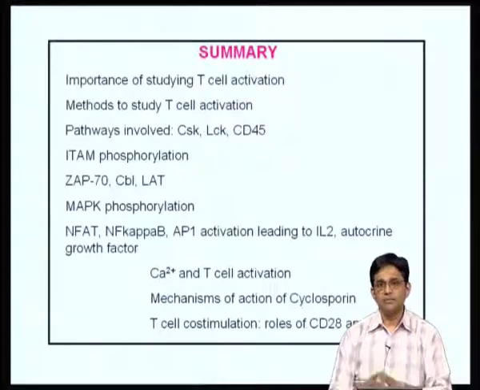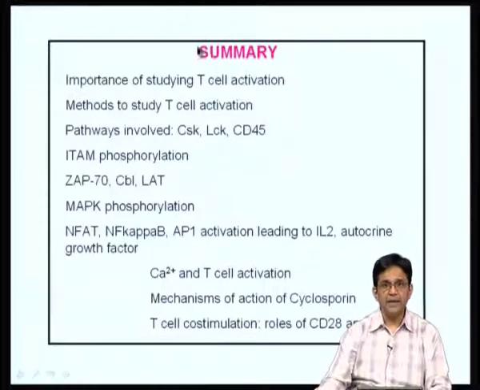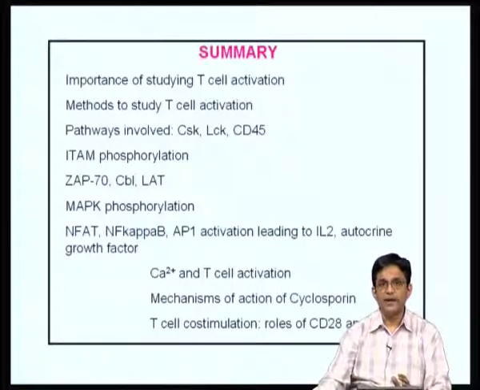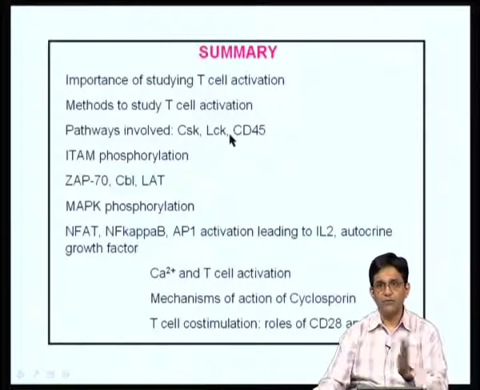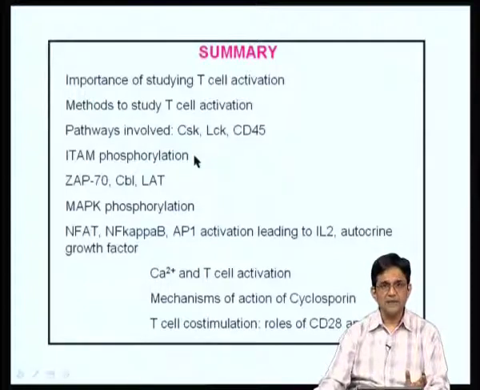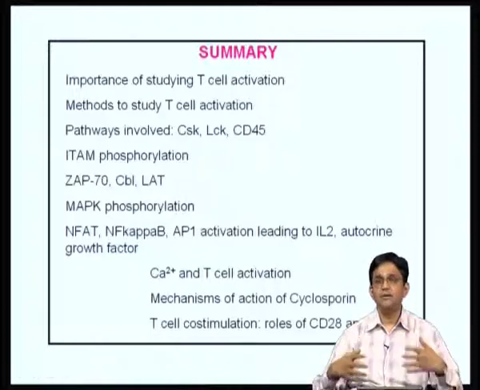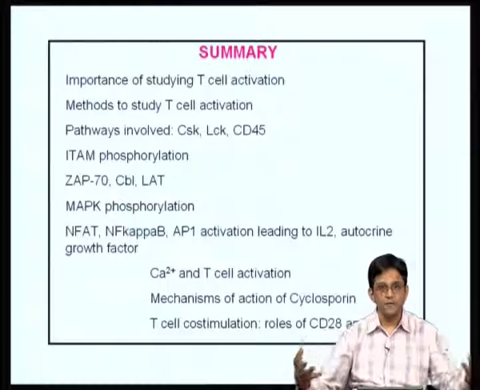We discussed the whole gamut of pathways, right from the role of CSK in keeping the LCK in an inactive form, and once you have CD45 being activated, it dephosphorylates LCK, which now activates, and the ITAMs get phosphorylated, and once the ITAMs are phosphorylated, you have ZAP70 being recruited over there. ZAP70 in turn is a tyrosine kinase, it recruits other ones.